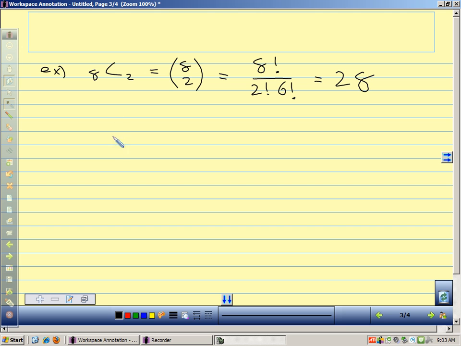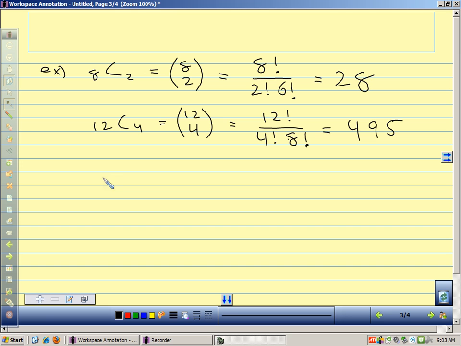If we did 12C4, 12 choose 4, 12 factorial over 4 factorial times 12 minus 4 factorial, which is 8 factorial. If you calculate that out, you get 495.